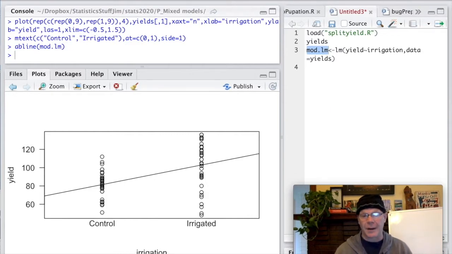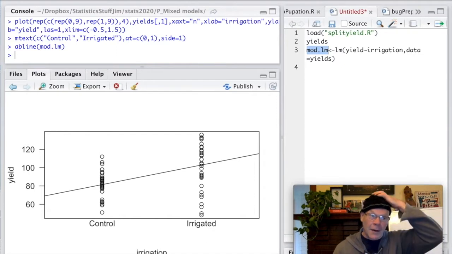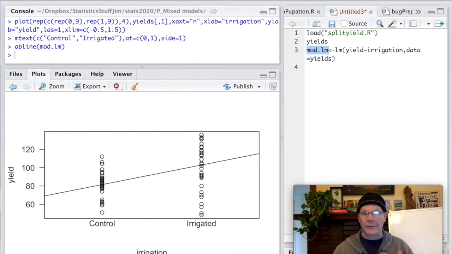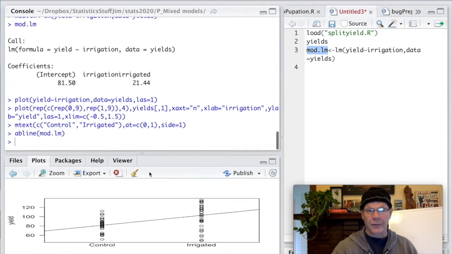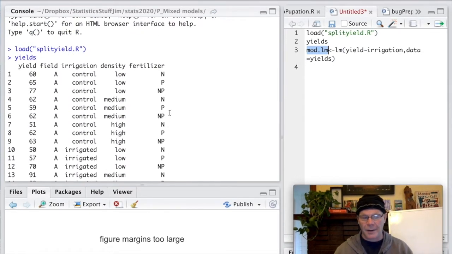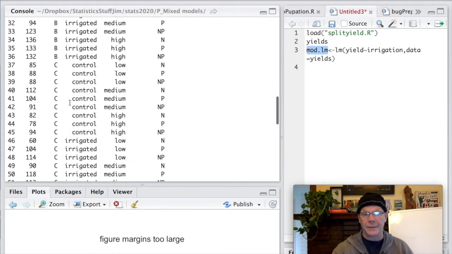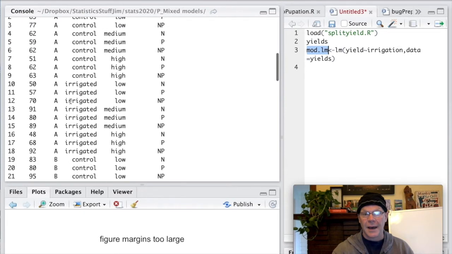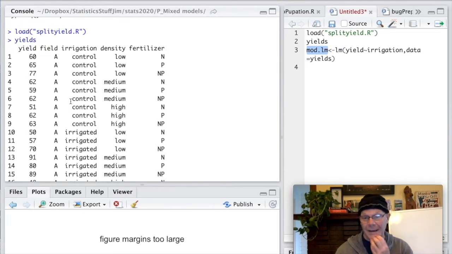We've been setting up linear models like this. But now we're going to think about something that maybe we haven't considered when thinking about our data. There is a certain level of non-independence among the various fields, because we've replicated this experiment in field A, field B, field C, and field D. We might want to account for the relative non-independence among the different fields.